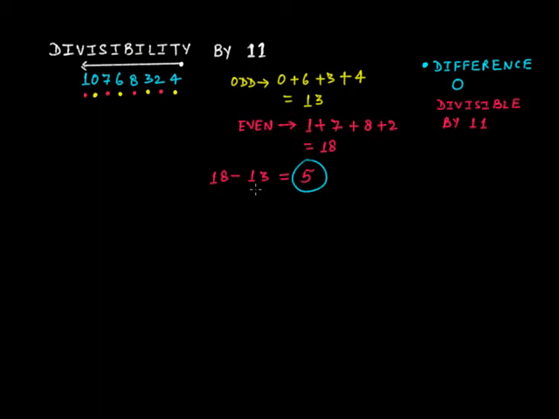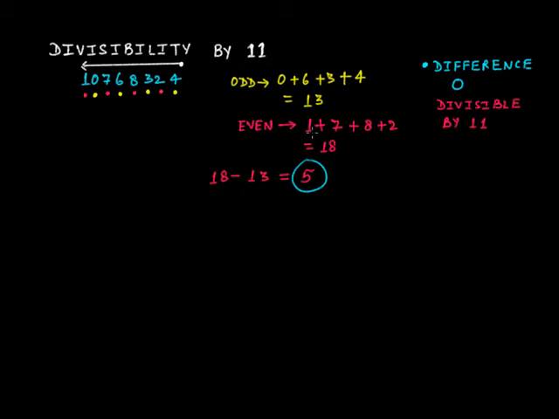Let me repeat it again. What we did is, starting from the right, we move towards the left. First, we take the digits at the odd positions: first position, third position, fifth position, then seventh position. We added these digits and the sum we got is equal to 13. Then we took the even positions, the second, the fourth, the sixth and the eighth.